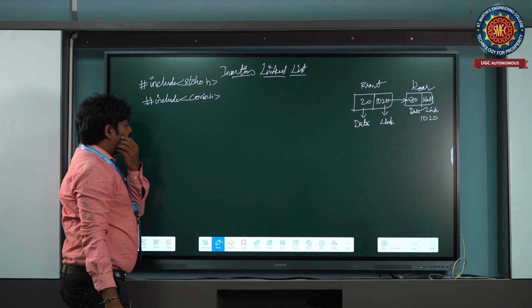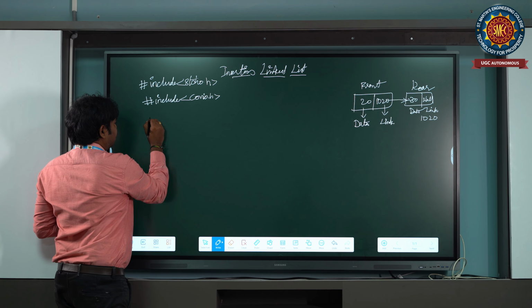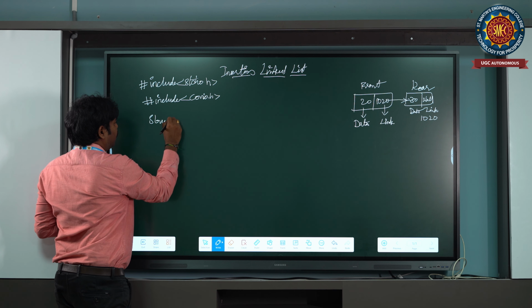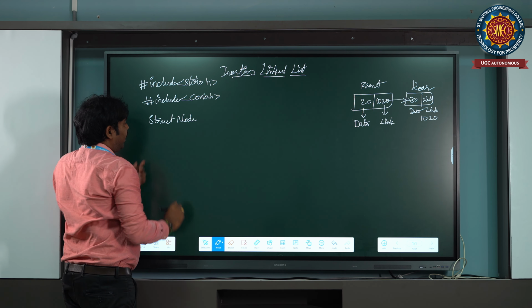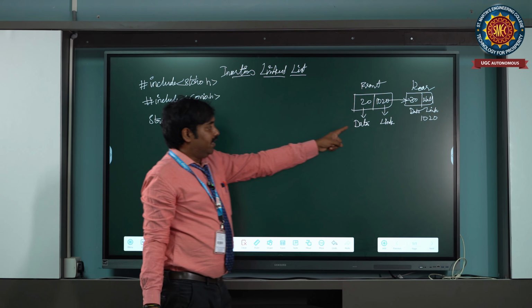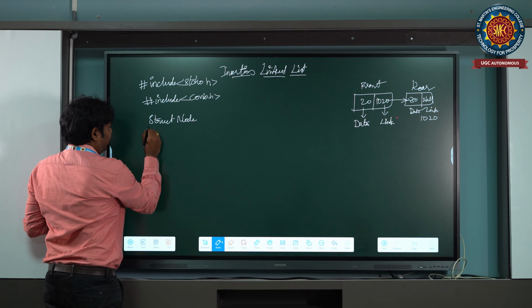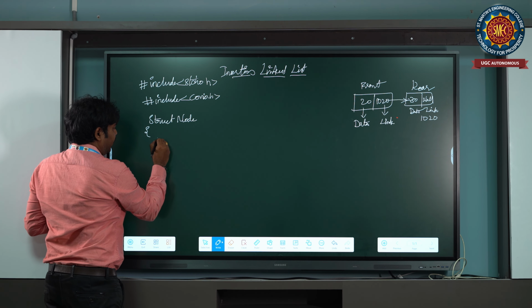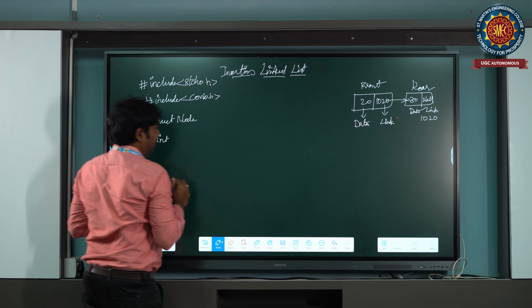Here I want to create a node, so for creating a struct node, first I want data and the other one is the link. First of all I need data. Data is of type int, which is for numbers, that is, integer form.